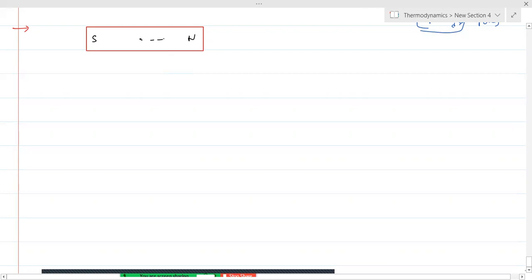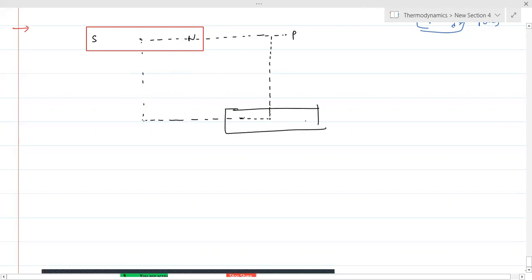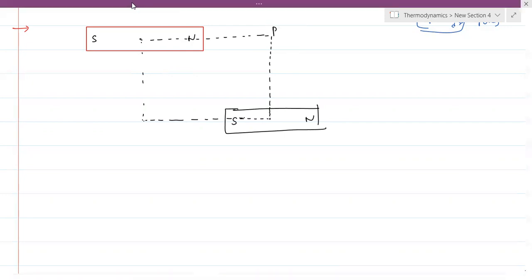From the center, we observe the point P. So imagine this as a square, where we have another bar magnet. Let us take this as south and north. Our intention is we need to calculate the magnetic field at P.